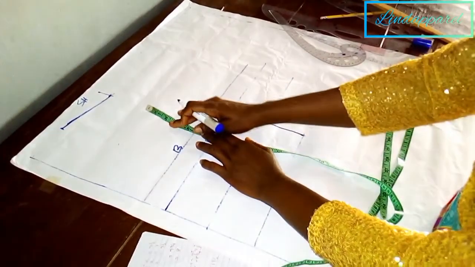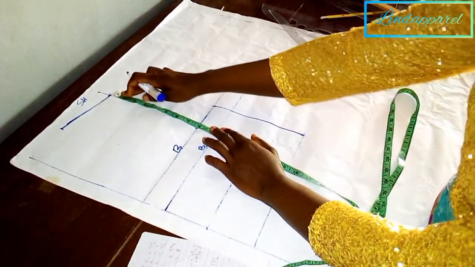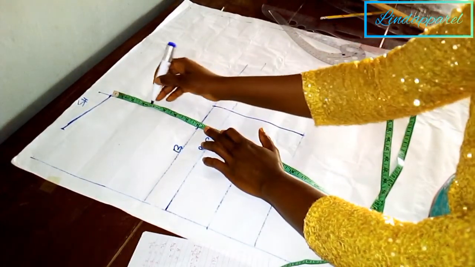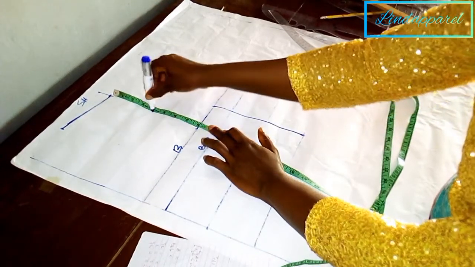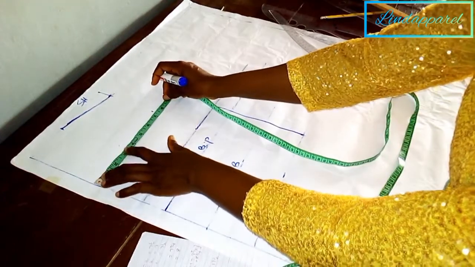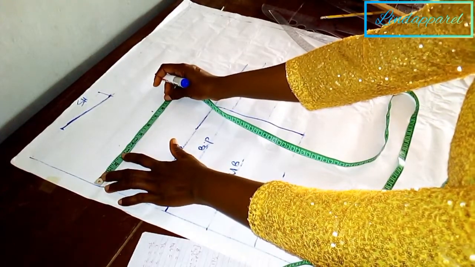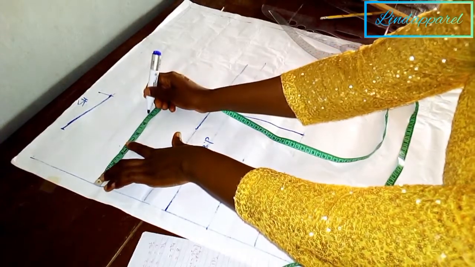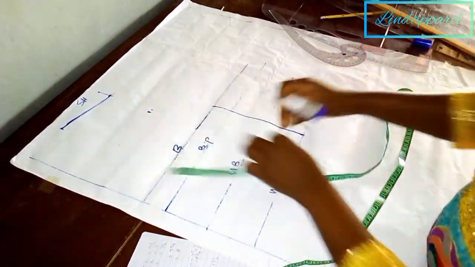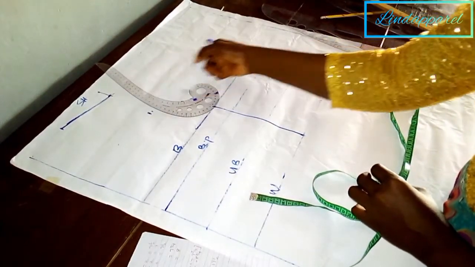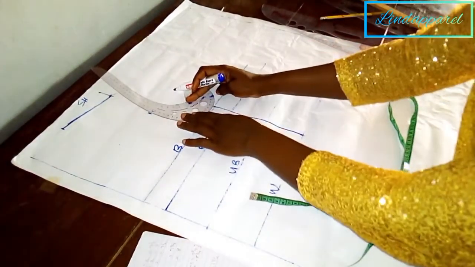Before I mark my across front, I'll get the middle, which is 4, and from there I'll mark my across front. My across front is 14 divided by 2, 7 inches. Then I'll connect with my armhole like so.